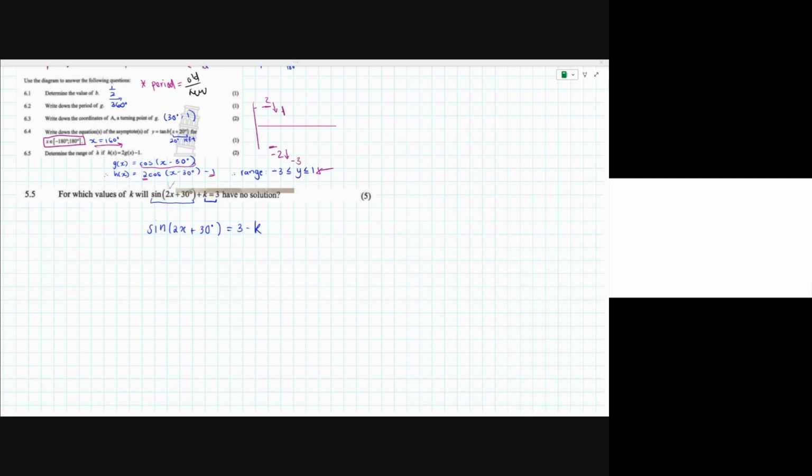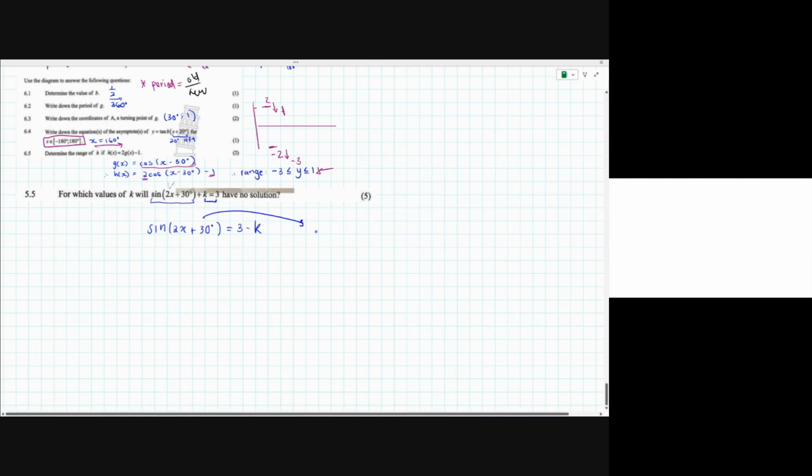All right, so we have to work with the function that we have here. The function in this case is sine of 2x plus 30. What we now need to do is see what this function actually means.